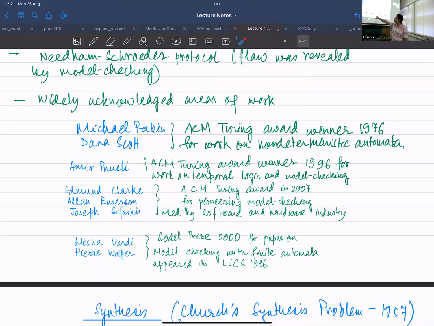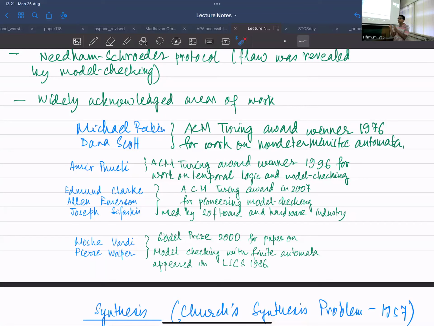Then there was pioneering work around 2000 by Pierre Wolper and Moshe Vardi. If you have LTL, linear temporal logic, then what is the complexity? For an LTL specification, they showed a logic-automata connection.